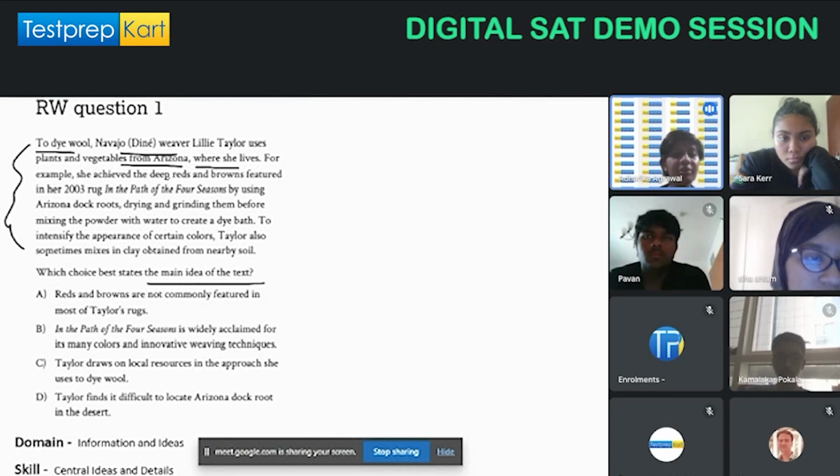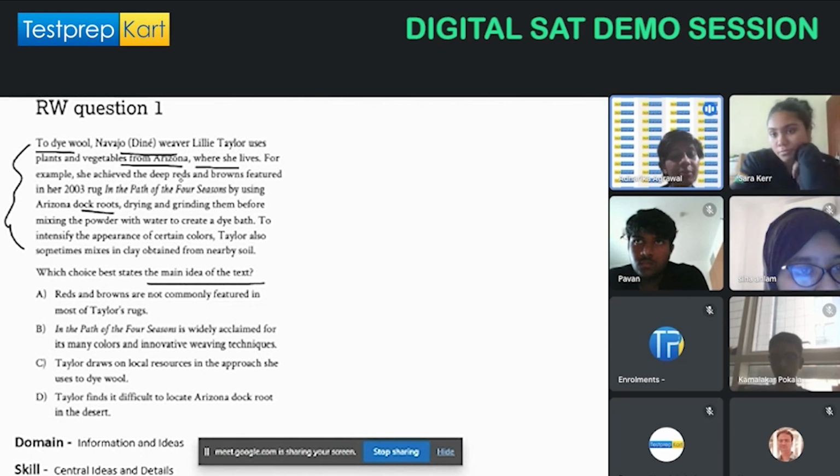She achieved the deep red and brown feature in her 2003 rug, In the Path of Four Seasons, by using Arizona dock roots. It means that in a different season we get different fruits, plants, and vegetables, right? So she's trying to achieve the deep red and brown colors by using different materials.